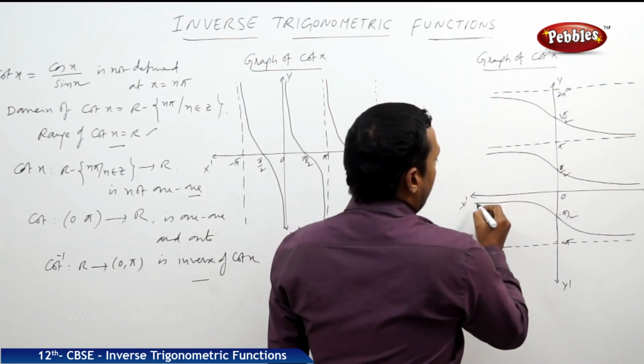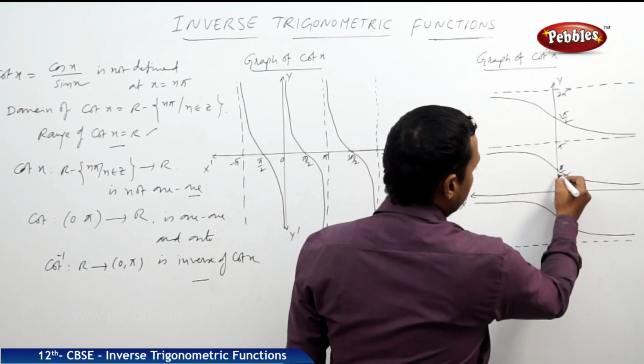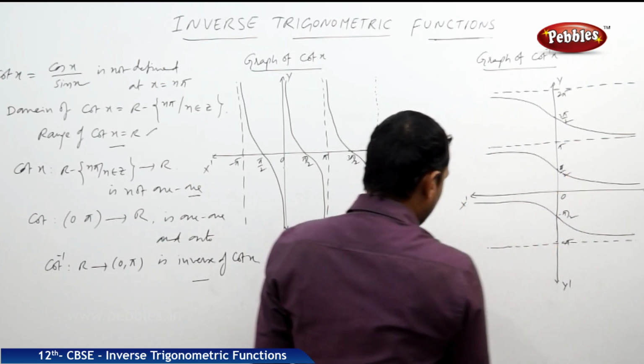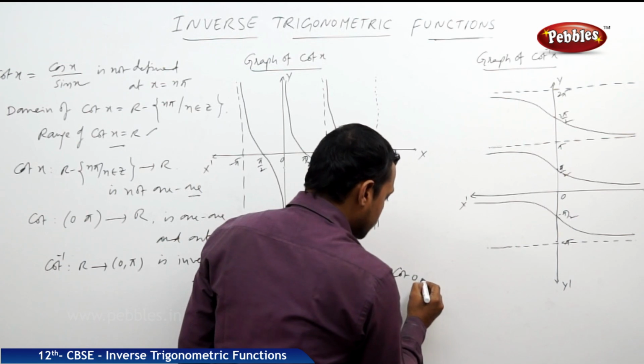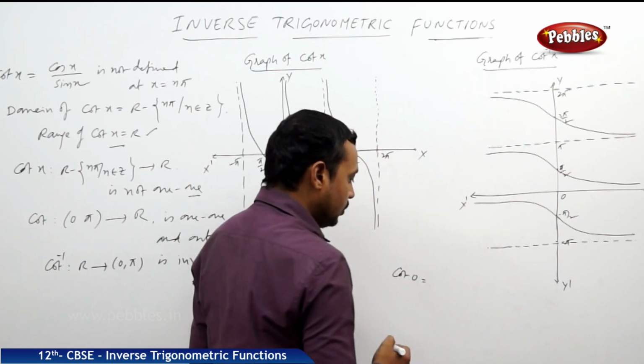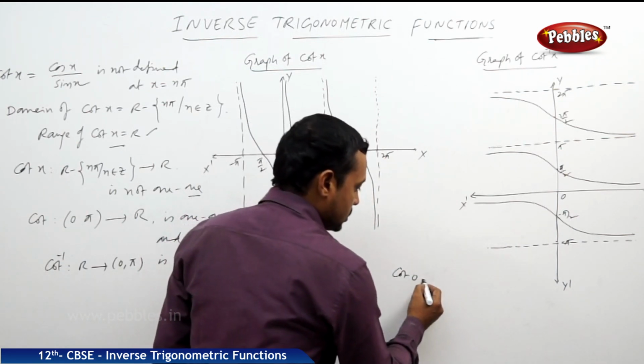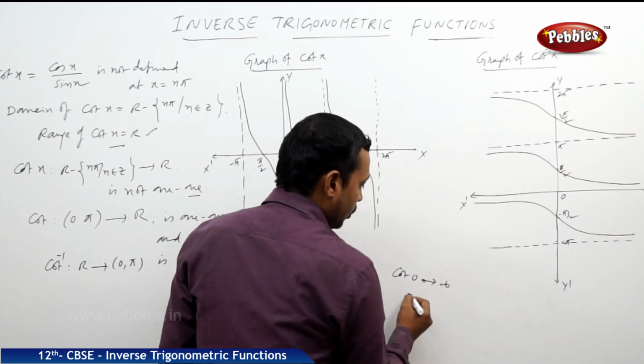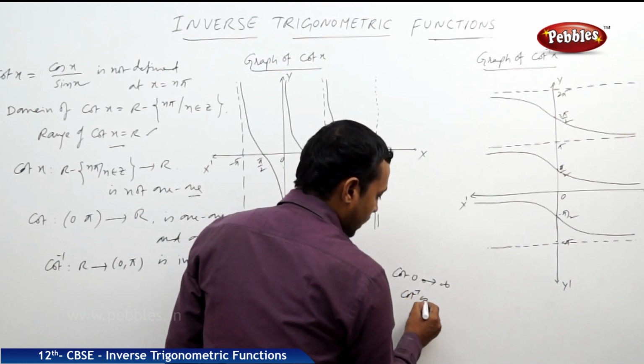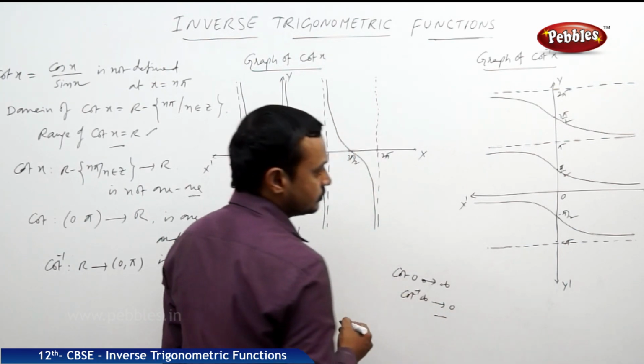Now at x equal to 0, cot 0 does not exist, cot 0 is tending to infinity, therefore cot inverse infinity tends to 0.